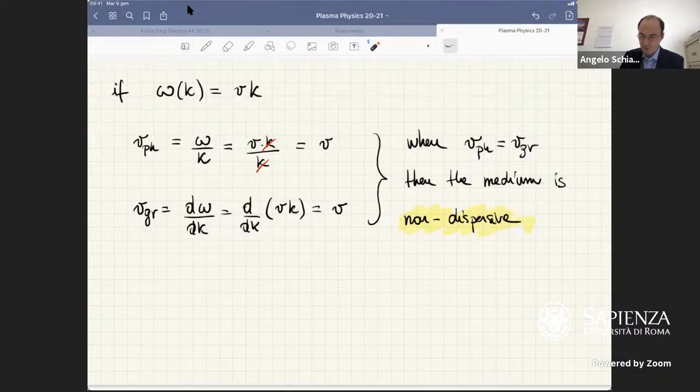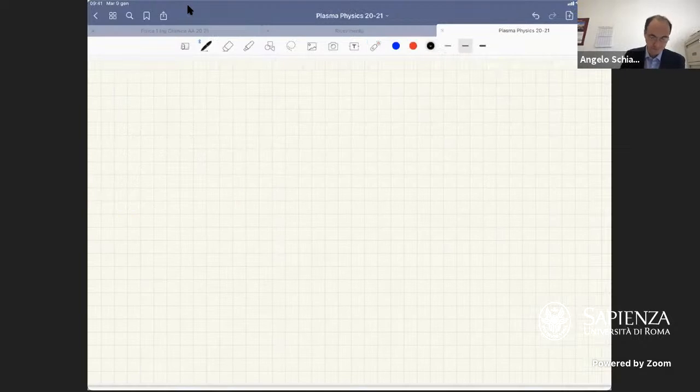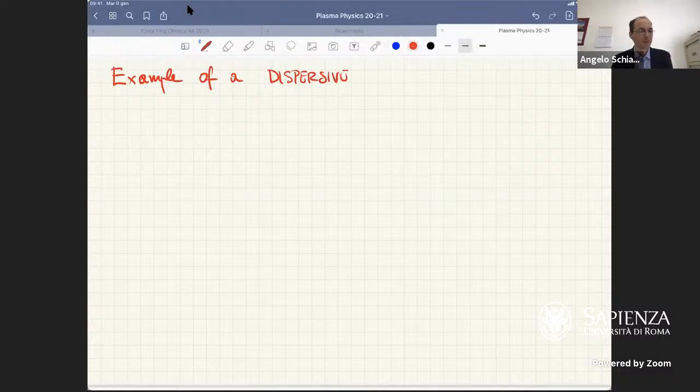So let's make this example of a dispersive medium. And then we have a dispersion relation.